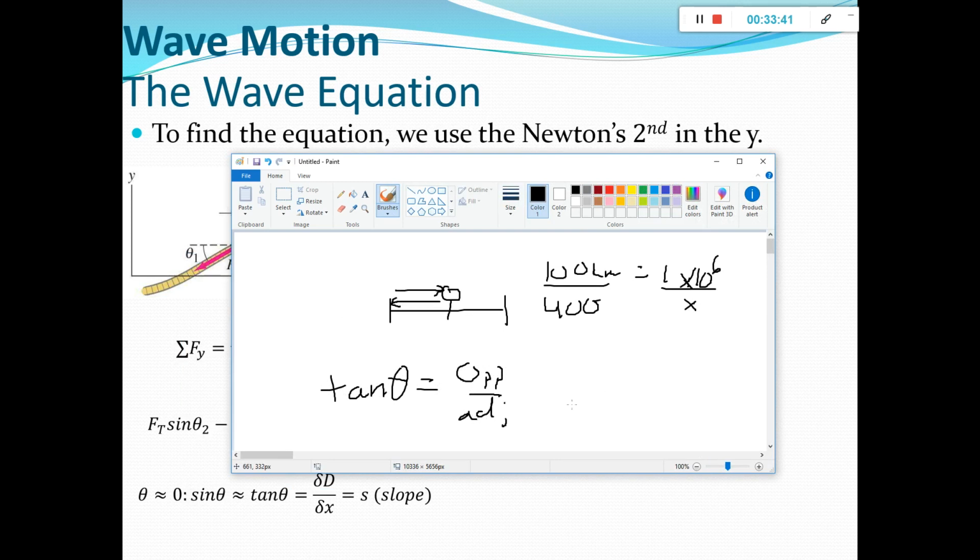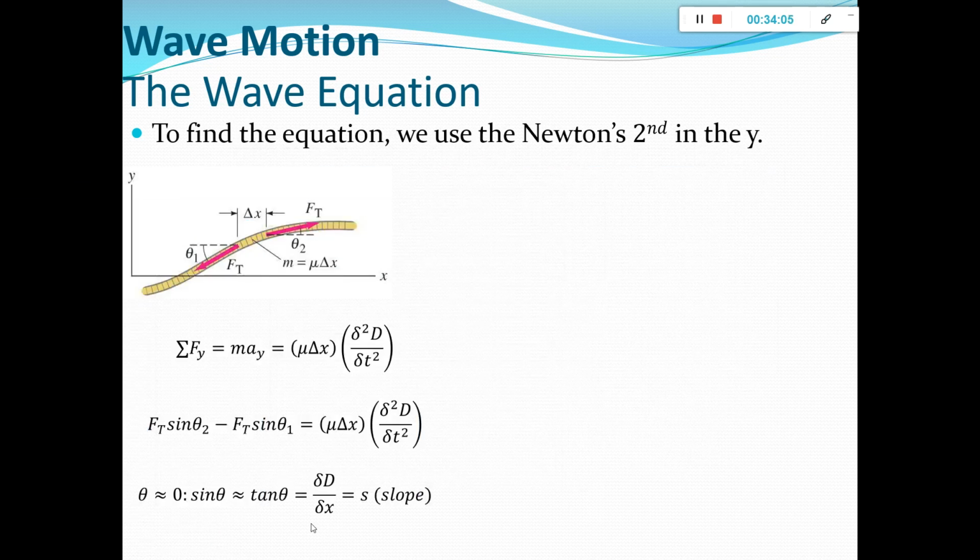And if you use this for a triangle, this is your opposite term, this is your adjacent term. That's essentially y and x. So change in y over change in x. That's why I'm replacing it with this first derivative. That's the slope.